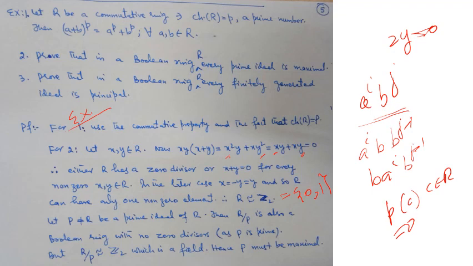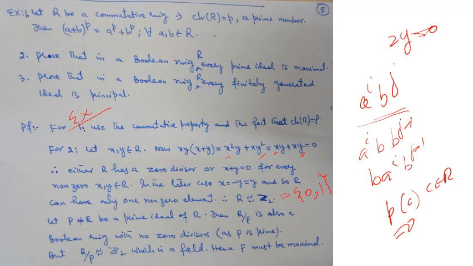Now we come to the prime ideal fact. Let P not equal to R be a prime ideal of R, then R mod P is also a Boolean ring with no zero divisors as P is prime, but R mod P is isomorphic to Z2 and Z2 is a field, so R mod P is a field, and if R mod P is a field means P is a maximal ideal.